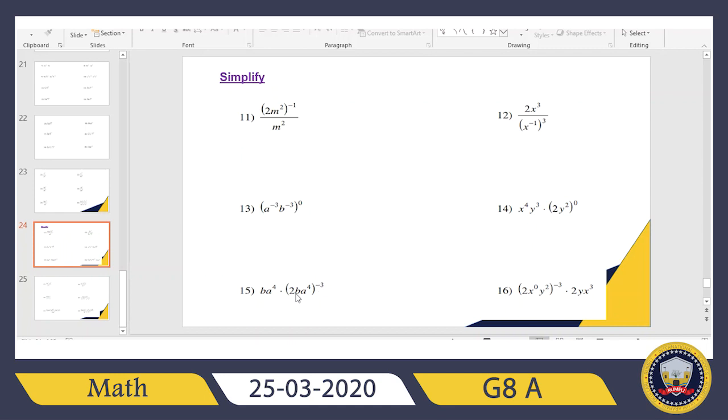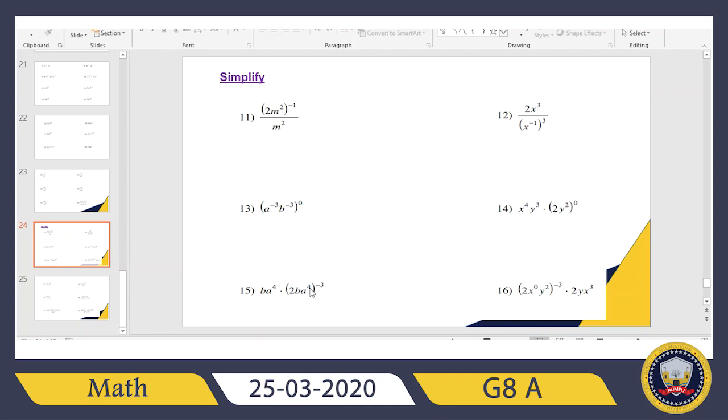So here I will expand 2 power 1 times negative 3, which gives me 2 power negative 3. b power 1 times negative 3 gives b power negative 3. a power 4 times negative 3 gives me a power negative 12, right? So here b a power 4 times 2 power negative 3 b power negative 3 a power negative 12.